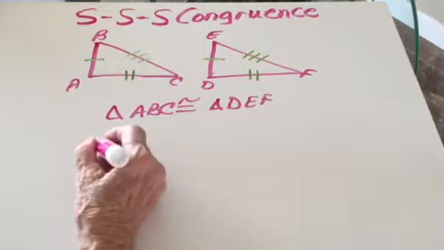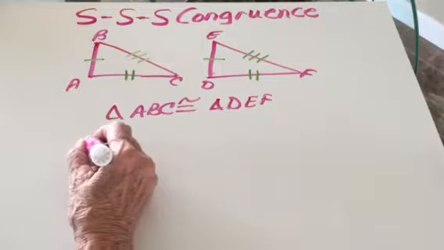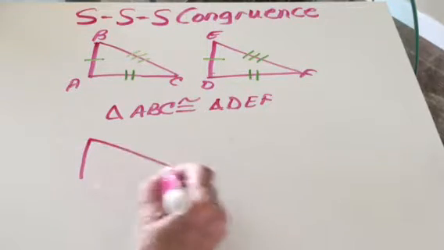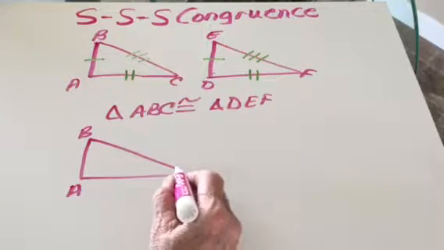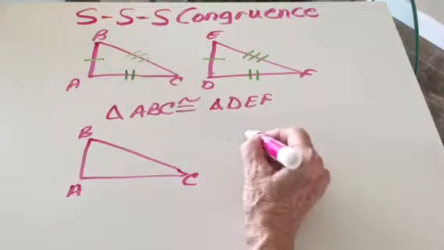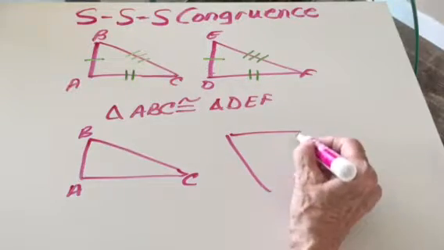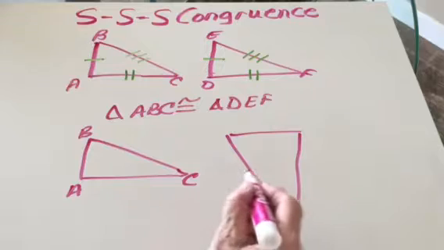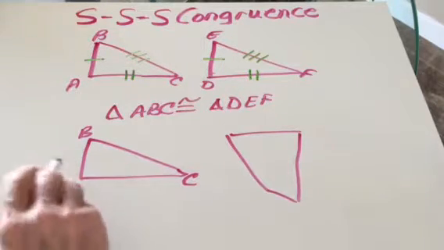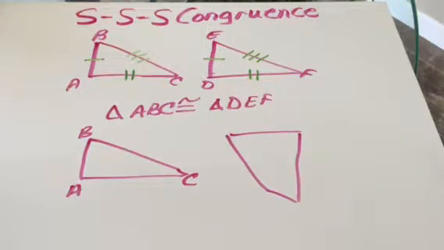Okay? Even if I had the triangle like this, and I call this A, B, C, and then I have this triangle like this, but I'm not going to say these letters right now.